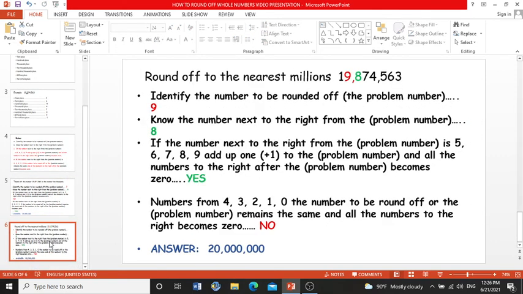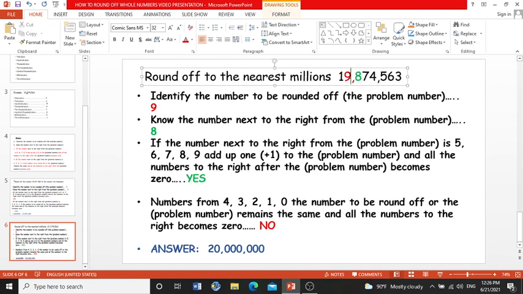Our last example is round off to the nearest millions. So where's the millions place? Our millions place is the number 9. And the next number to the right from the problem number is 8. So let's read the rules again.